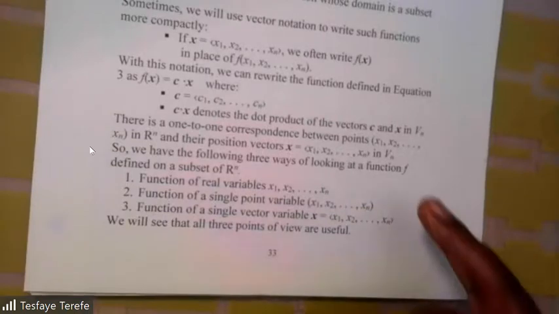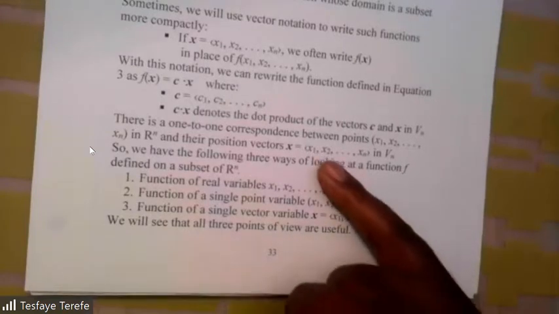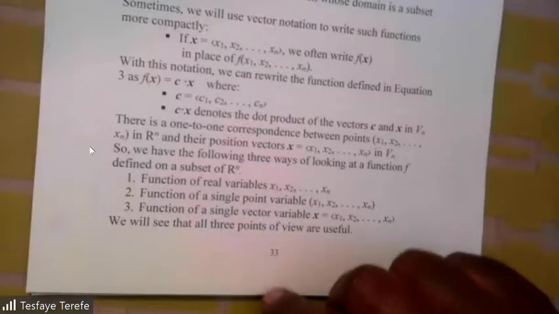Forget about it. Okay. There is a one-to-one correspondence between the points in Rn and their position vectors in Vn, n-dimension vectors. So we have the following three ways of looking at a function defined on a subset of Rn. In other words, in n-dimension space.